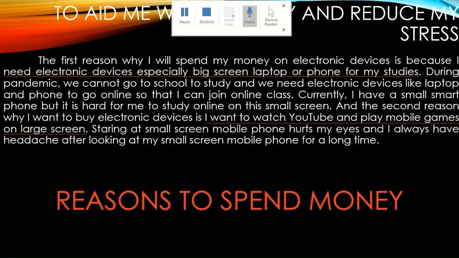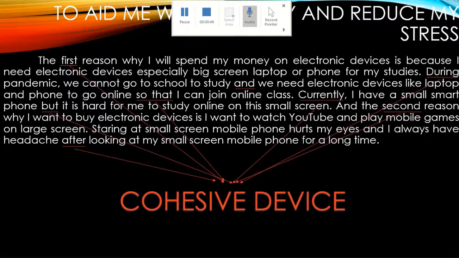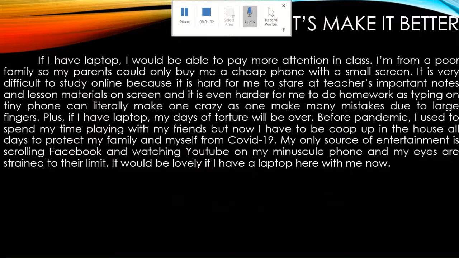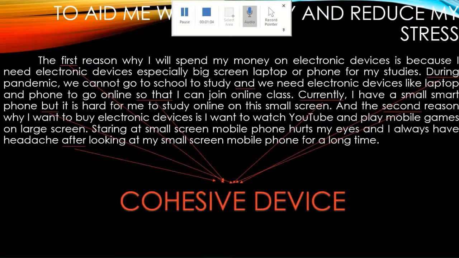And to make our essay easy to read, we need to use connectors like first of all, besides, moreover, and many more to tell readers about the sequence of our reasons. Or we can use ordinal numbers, like what we will use for this paragraph, to help readers easily identify our reasons for our choice.